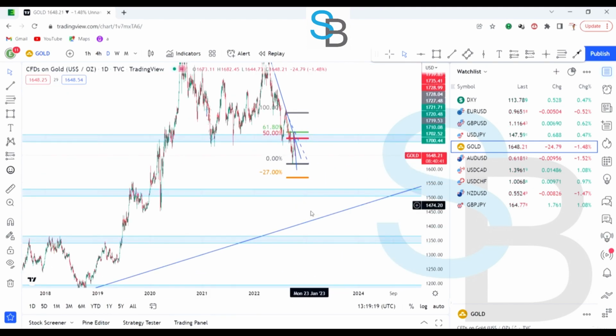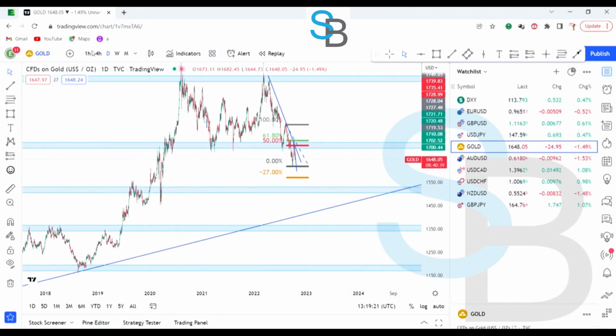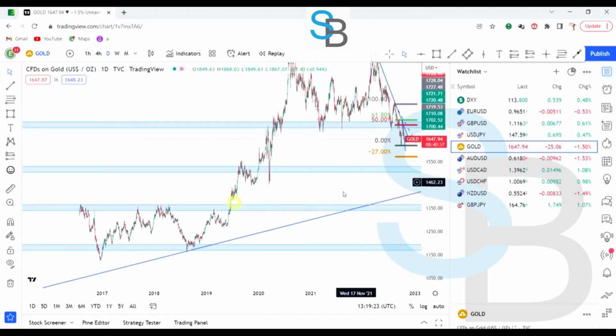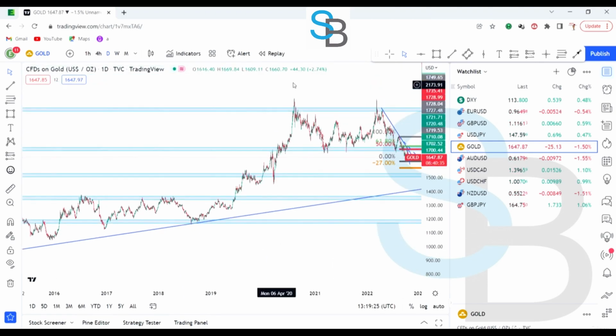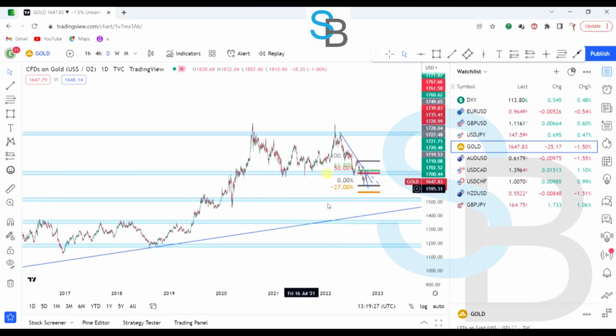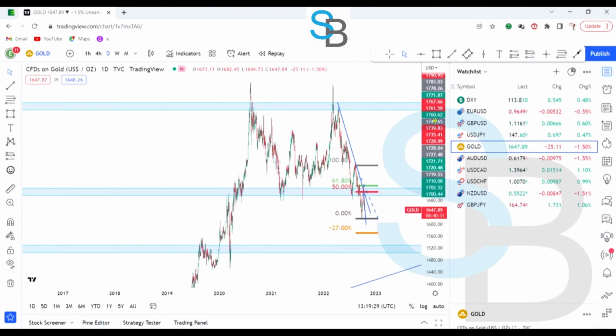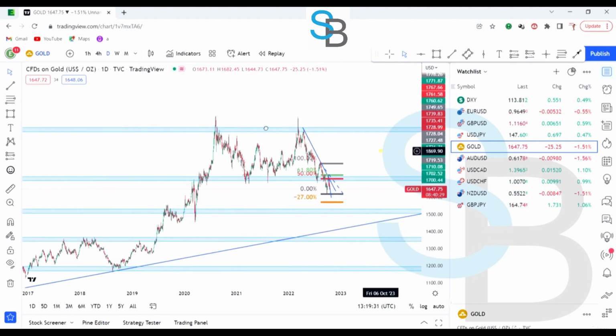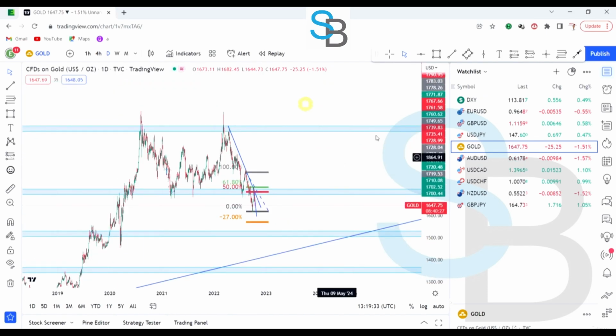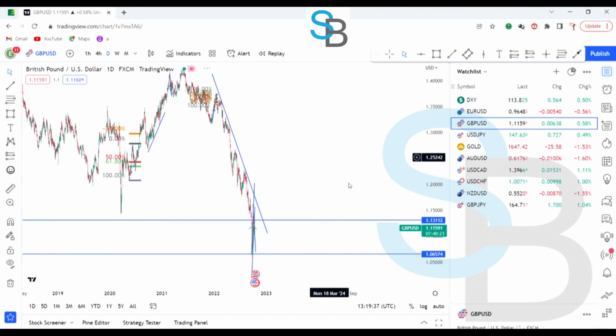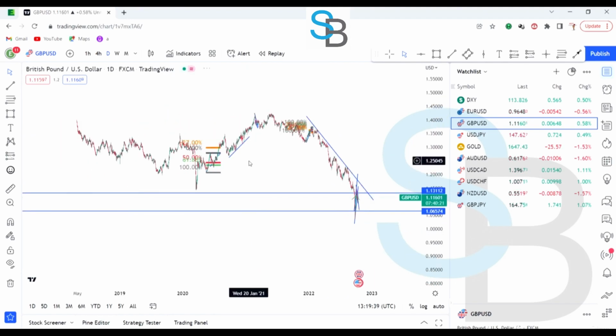The market is going to move down to this point. Okay, so that's one thing, and that's just the way to analyze the market with this strategy. This strategy is more complex, but if you do it over and over again, you're going to get used to it. Now this is GBP USD.